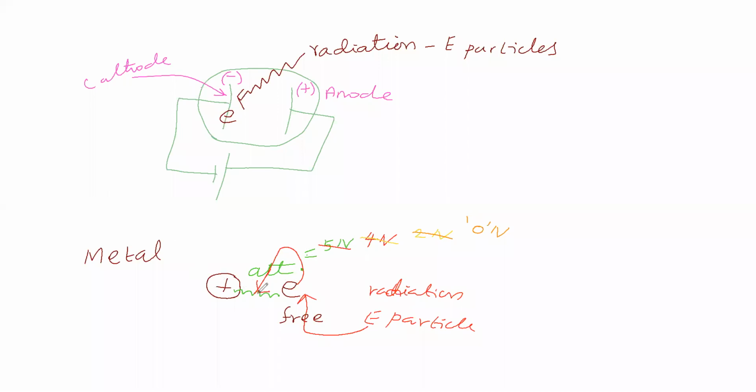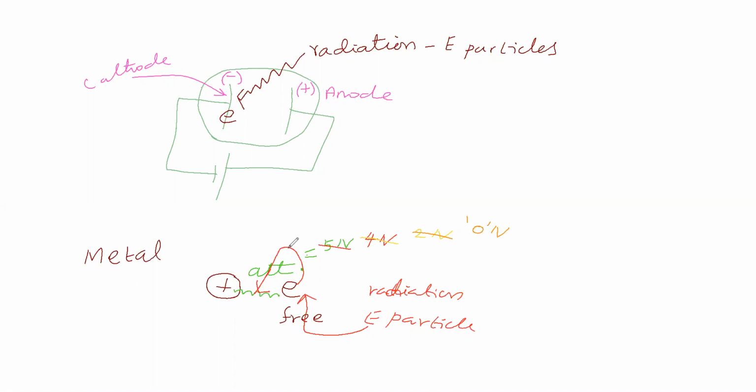What shall we say? When the attraction between nucleus and electron becomes 0, is the electron bound in this metal atom or detached from the metal atom? What shall we say? Detached from the metal atom.